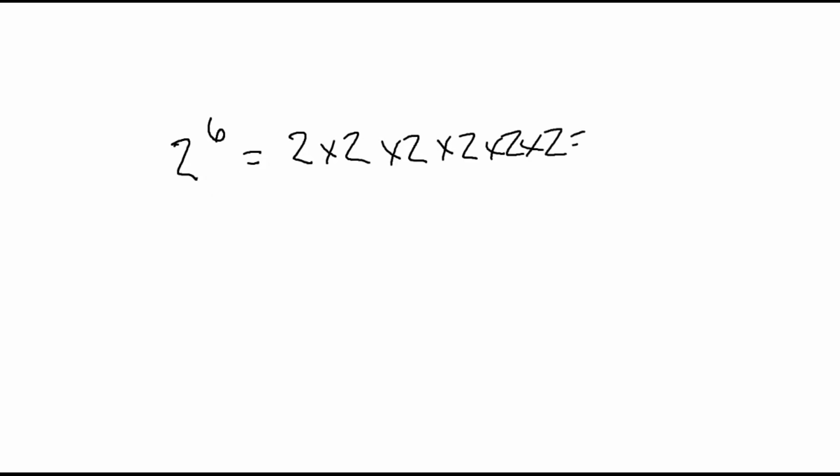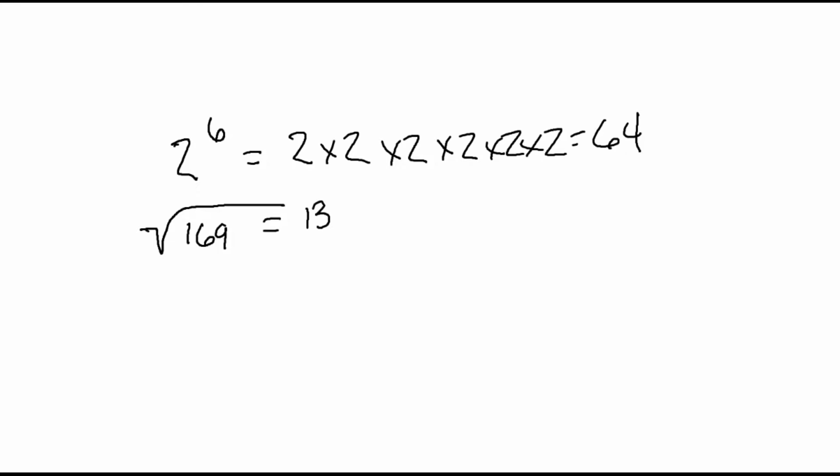So the first example in the book: calculate 2 to the 6th power. That's 2 times 2 times 2 times 2 times 2 times 2, which equals 64. And then right under that, we want to calculate the square root of 169, which is 13 by 13.